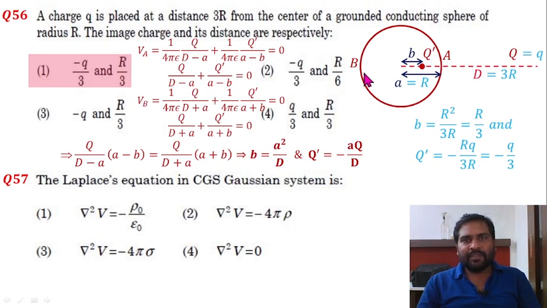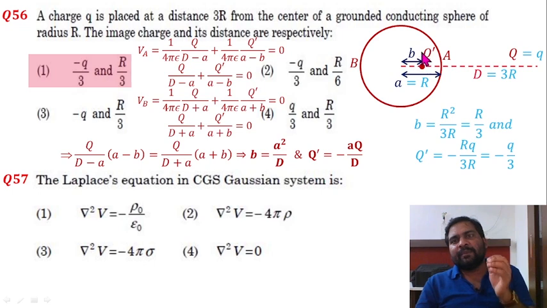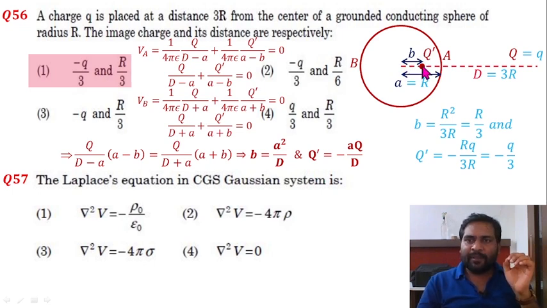The potential at any point of this grounded sphere is going to be 0. Find the resultant potential at point A: 1 divided by 4 pi epsilon times q divided by (D minus a), plus, letting the image charge q prime be placed at a distance b from the center, the potential due to q prime equal to 1 divided by 4 pi epsilon times q prime divided by (a minus b), where a is the radius of the sphere.